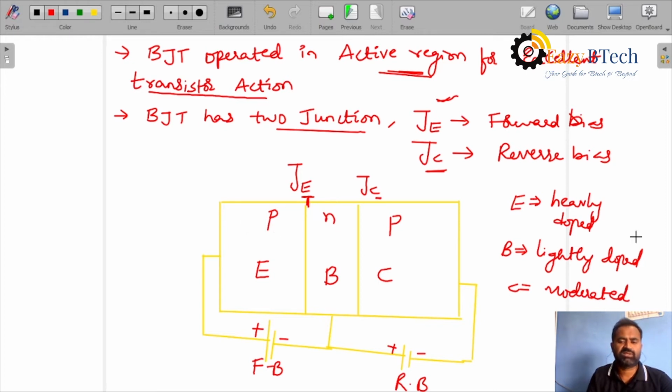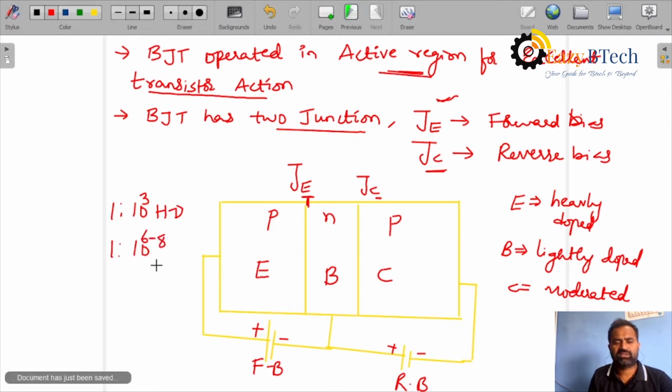That we have discussed. That is 1 part in 10 power 3, it is heavily doped. 1 part in 10 power 6 to 8, it is moderately doped. 1 part in 10 power 8 to 11, it is lightly doped. That we have discussed in the previous session also.